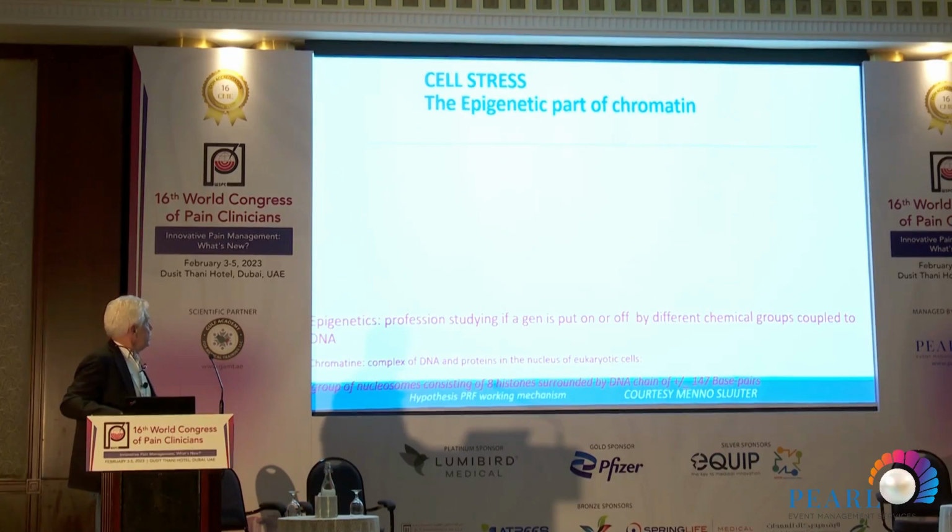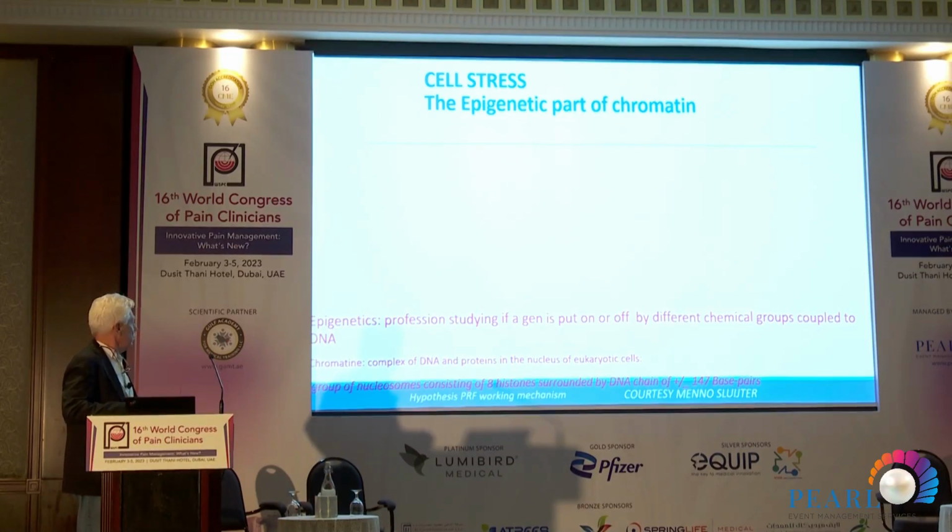So, further explanation. If we have to look at the genetics. Well, do you know what epigenetics is? Epigenetics is a discipline studying if a gene is turned on or off by different chemical groups coupled to the DNA.